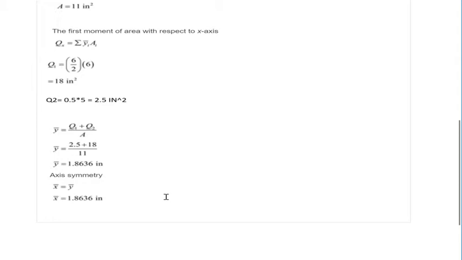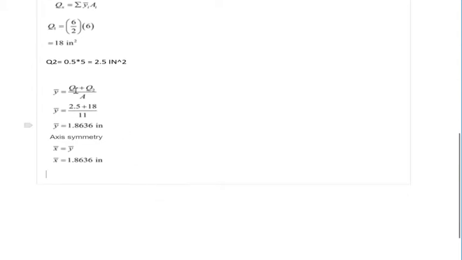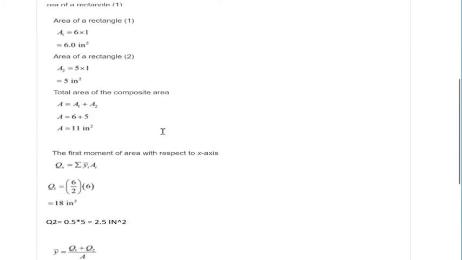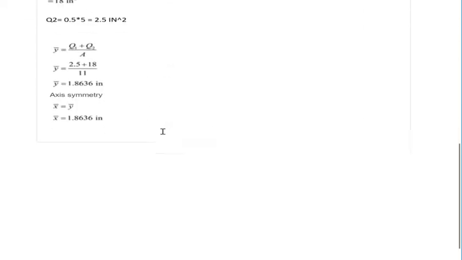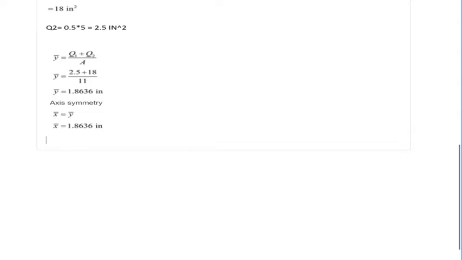In order to find the centroid coordinate, we add these two, Q1 and Q2, and we divide it by the total area, which would be 2.5 plus 18 divided by 11, and that would be 1.8636 inches. Because we can see that the shape is symmetrical, the coordinate of x would be the coordinate of y. So we can assume that.